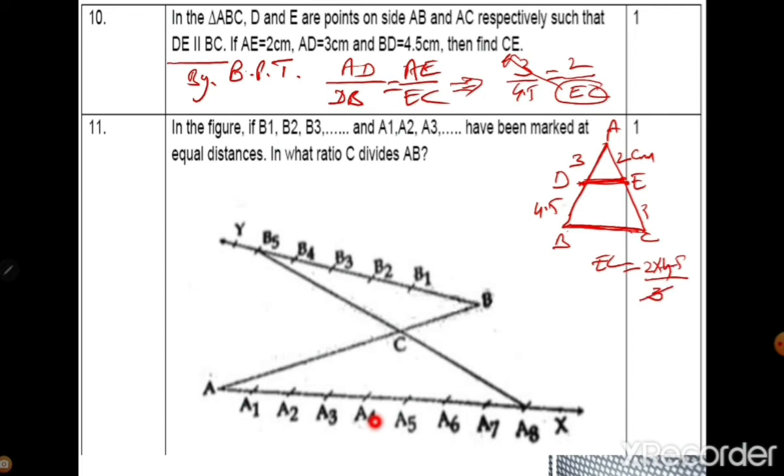So this will cut by this one, 1.5, and 1.5 into 2 is 3.0. Okay, so 3.0 centimeter is the EC. Or you can say that 3 centimeter. Got it? This is by BPT theorem.